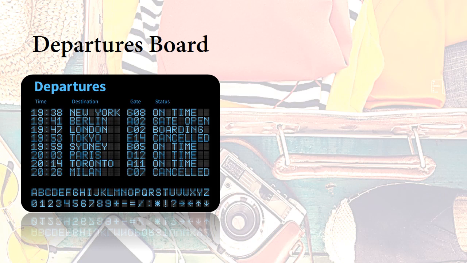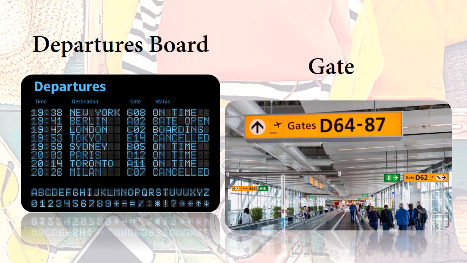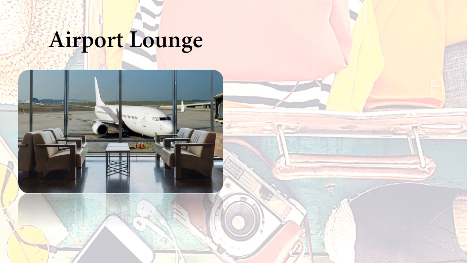Departures board. A board displaying the times and destinations. Gate. A part of an airport where travelers are allowed to get on or off a particular aircraft. Airport lounge.